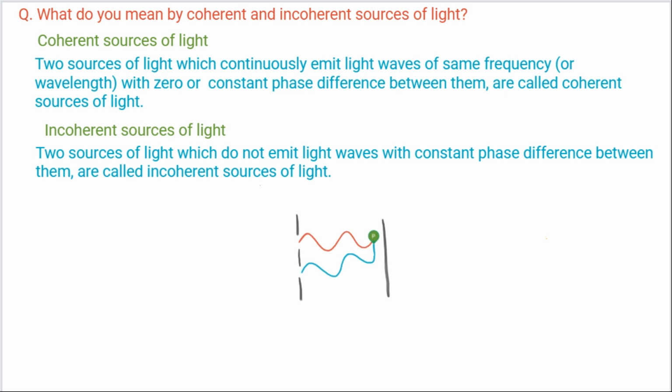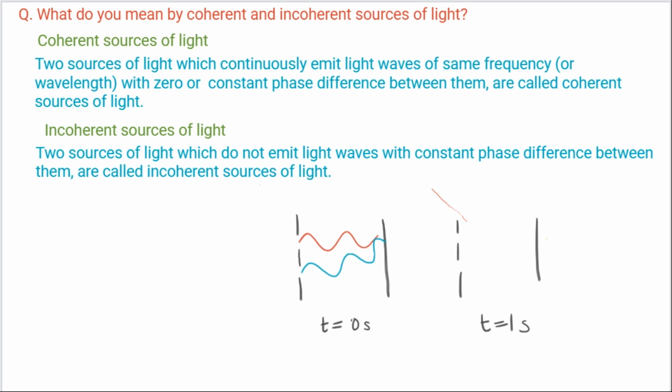This is at some time. You have taken this experiment at, let us say, t equals 0 seconds. Now after 1 second, you repeat the same experiment using incoherent sources of light.